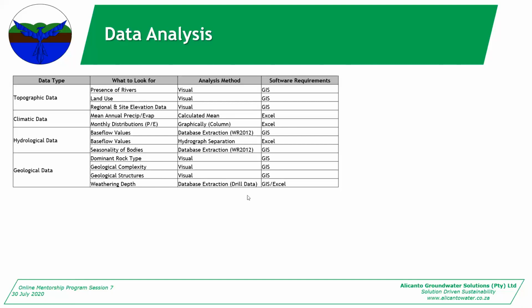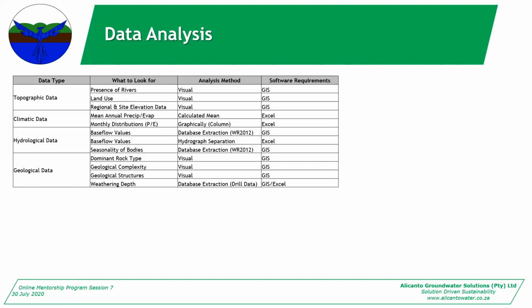In geology, you need to look at your dominant rock type, get that from your maps. The geological complexity. Is there 10 different units in your 10-hectare site, or is it just one big unit like we get in the Karoo formations? This helps you get an idea of how complicated your aquifers might be. Geological structures, both open and closed structures.